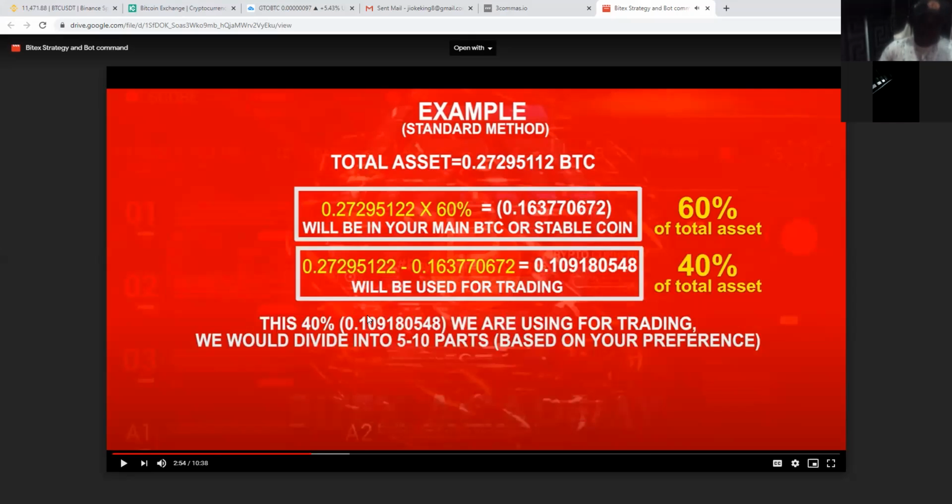Let me see you. So after you divide your total asset by 60%, that will be your main BTC or stable coin. Then the 0.2729122, and you minus it by 0.16377. And whatever you get will be used for your trading.